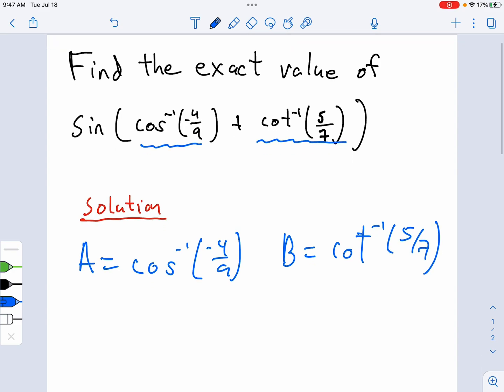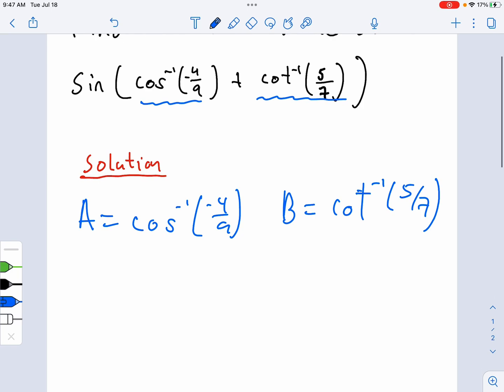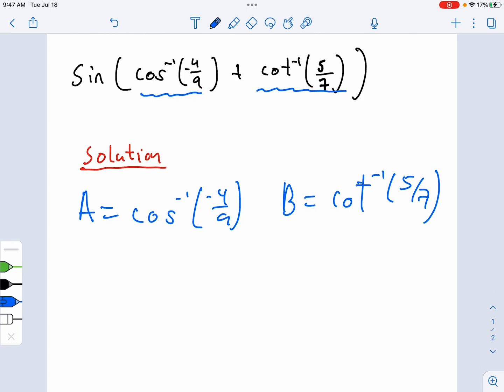All right, whenever you're taking the inverse cosine, sine, tangent, cotangent, whatever inverse trig function of a value, as long as it's defined, it's an angle. One thing that I think is really important with these problems is that you state the range for the angle.